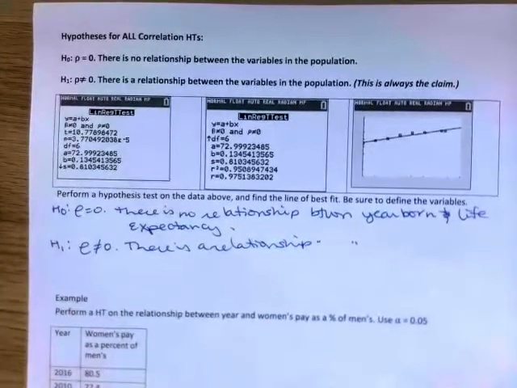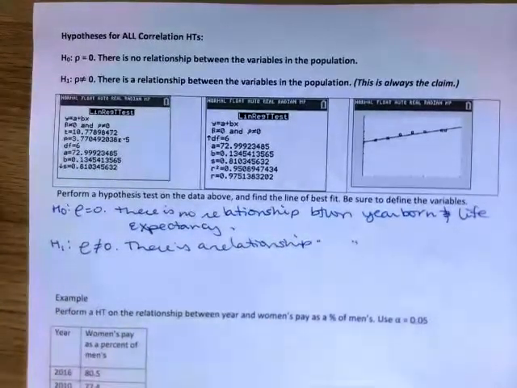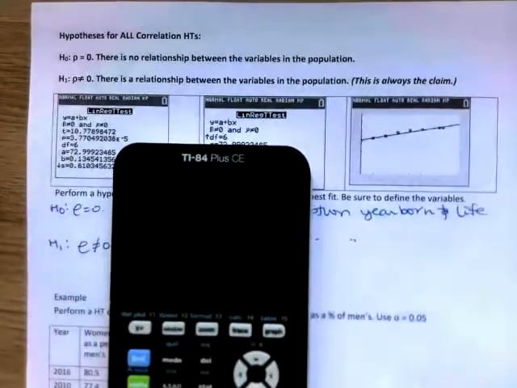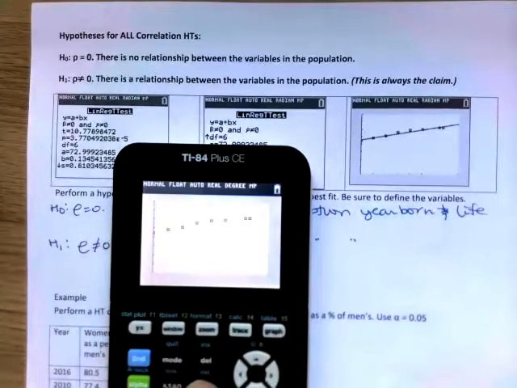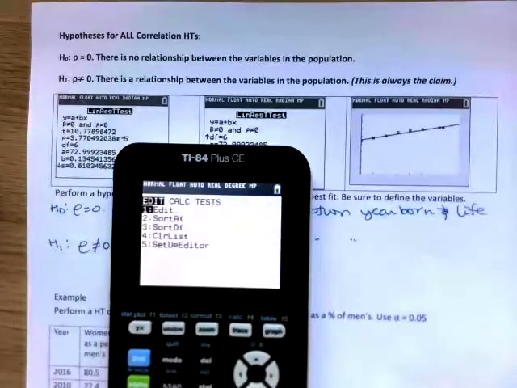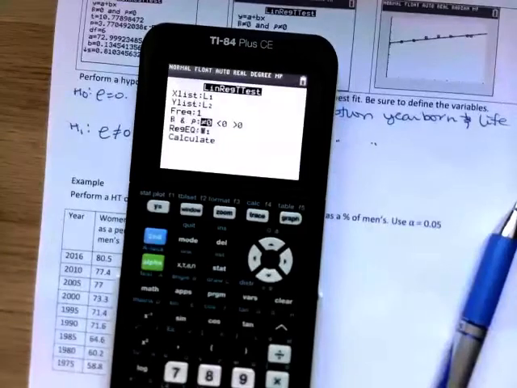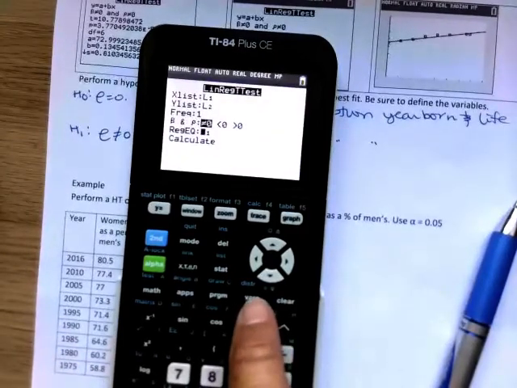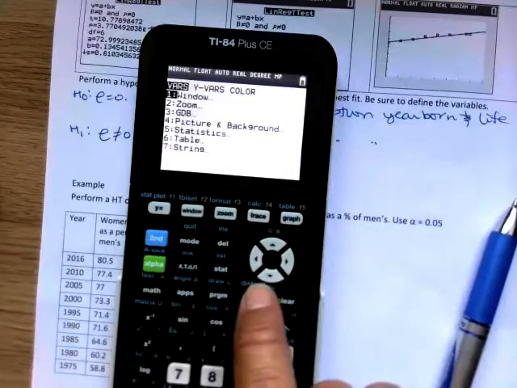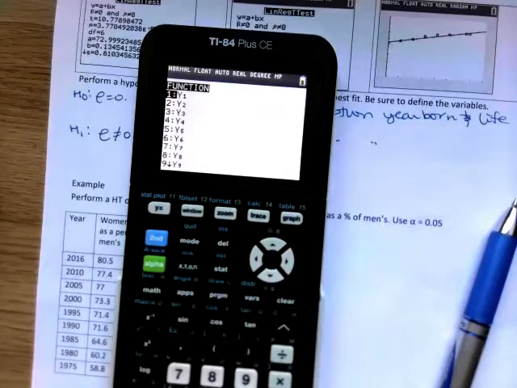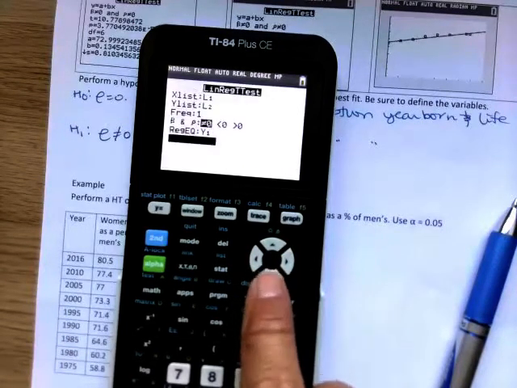Okay, so then, calculator. You want to go to VARS and then Y-VARS, function Y1, and then calculate.